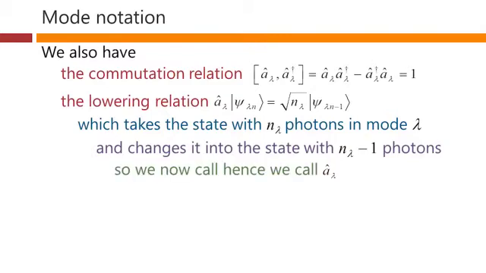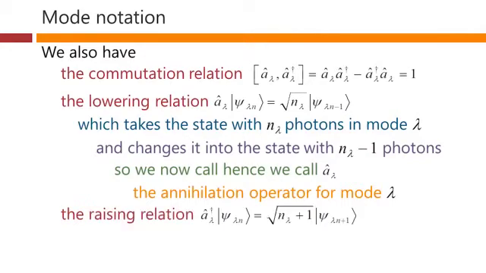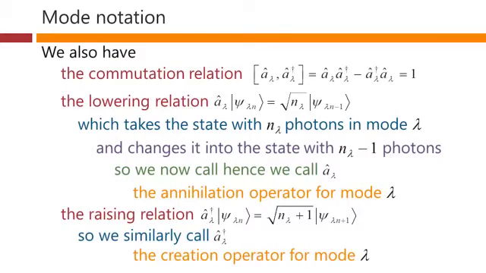And so we now call this operator the annihilation operator for mode lambda because mathematically it annihilates a photon from the mode. And similarly, we have the raising relation here, which we now call the creation operator relation. This becomes the creation operator because it's creating a photon in the mode.